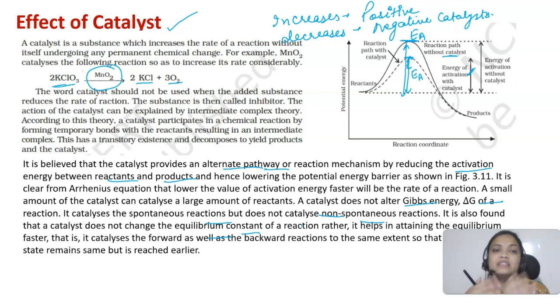So it will catalyze the forward and backward reaction to the same extent only, so that the equilibrium state remains the same, but it is achieved faster. So that is the work of a catalyst.